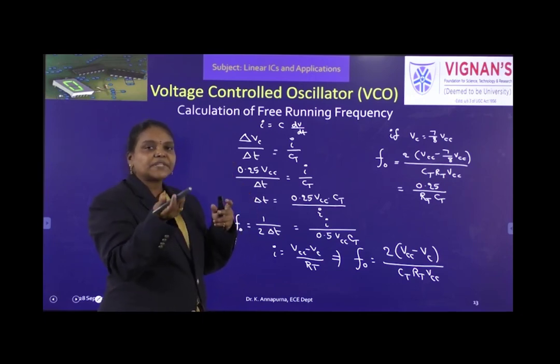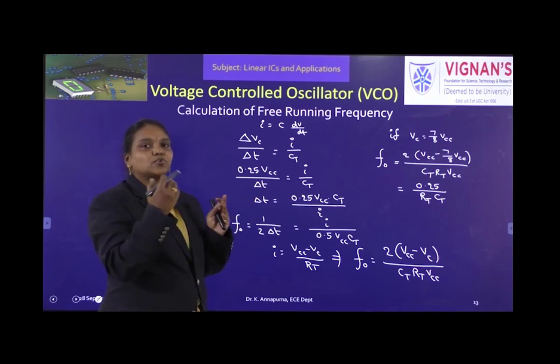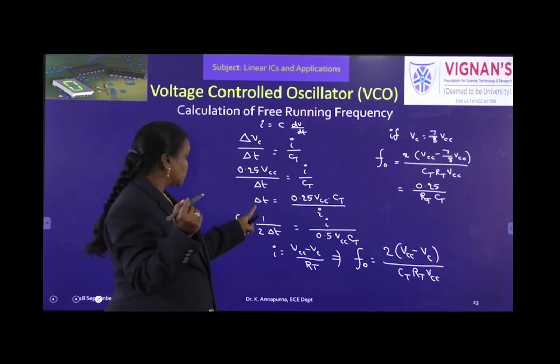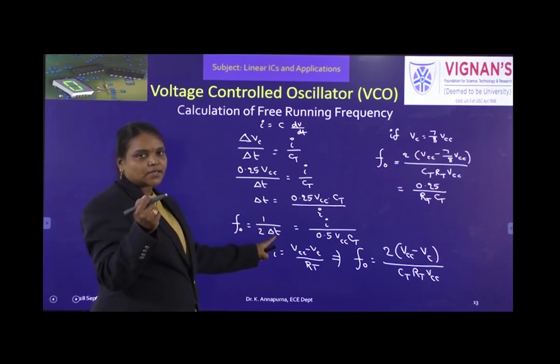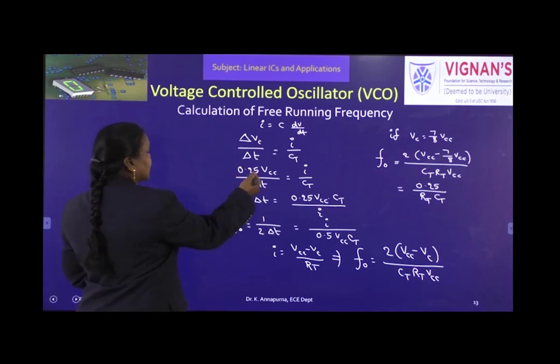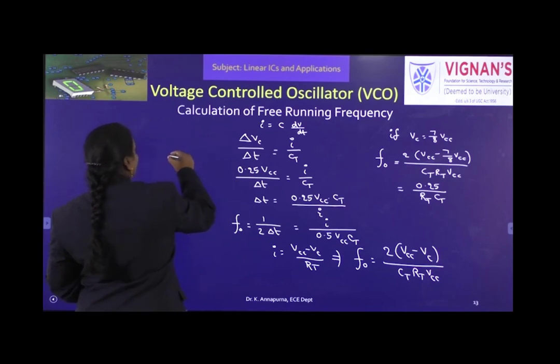So to represent the total time, we have to take 2 times delta t. Then the frequency of oscillations is 1 by 2 times delta t. Here I am taking the capacitor charging between 0.25 and 0.5.